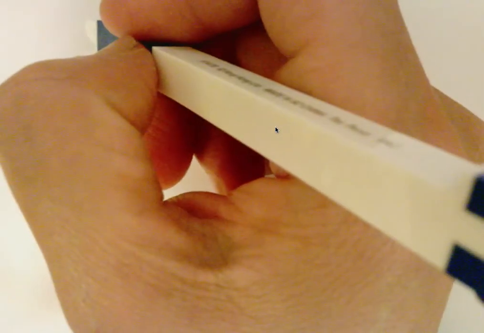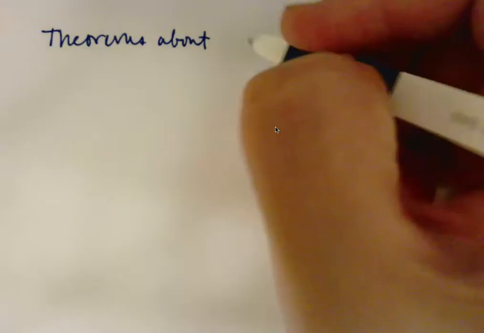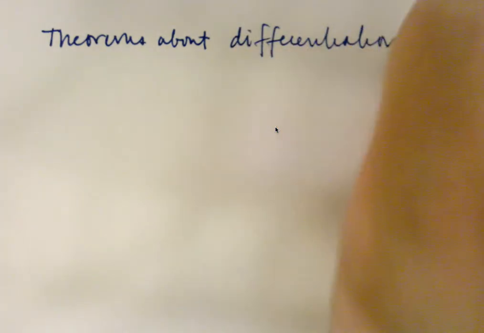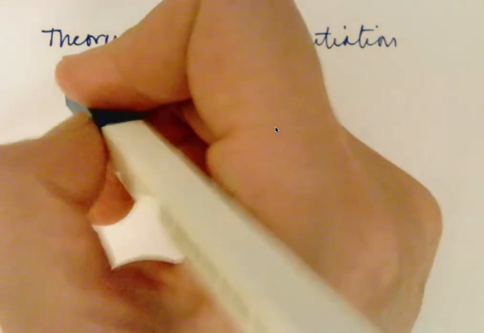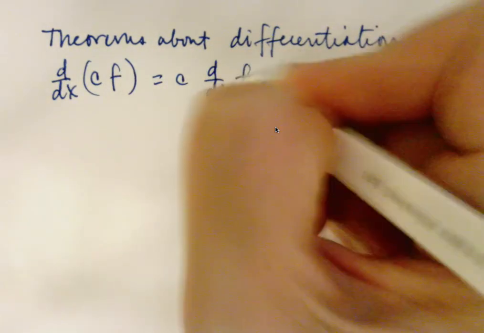Now I'm going to simply state, without proving, some theorems about the derivative. The derivative of a constant times a function equals the constant times the derivative of the function.